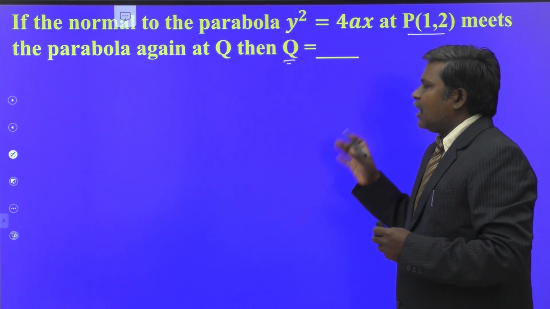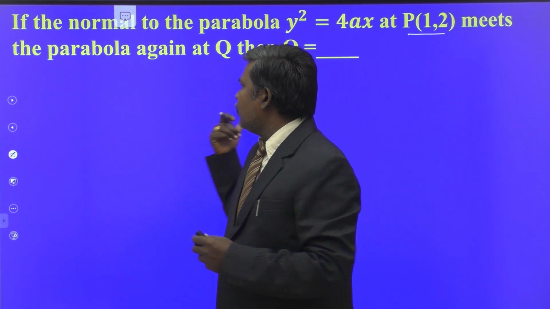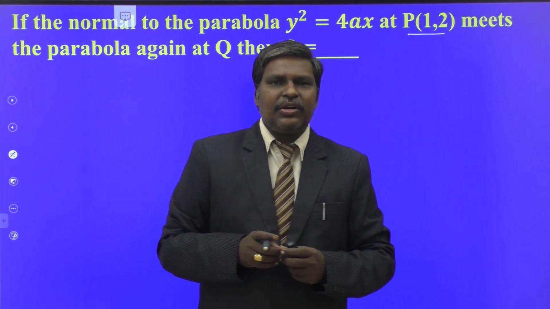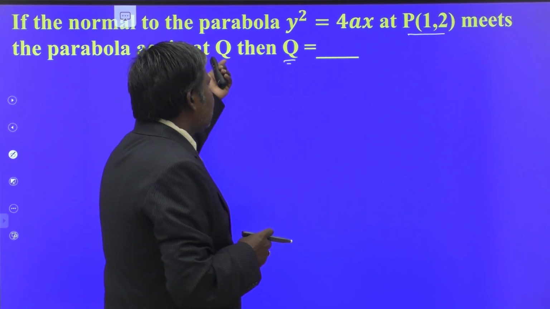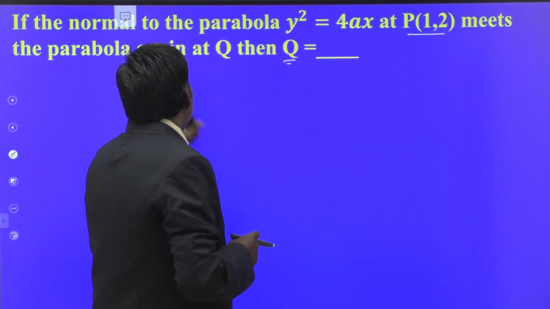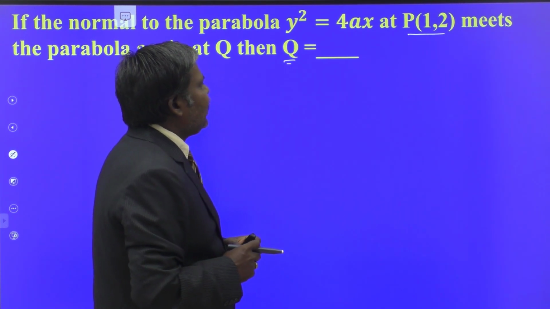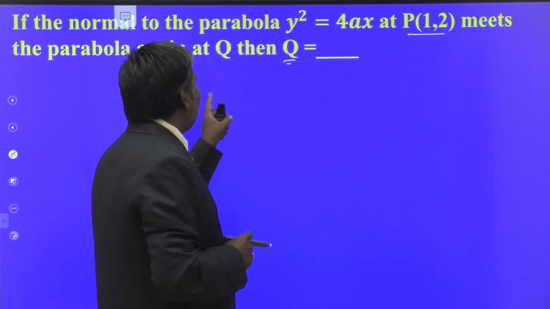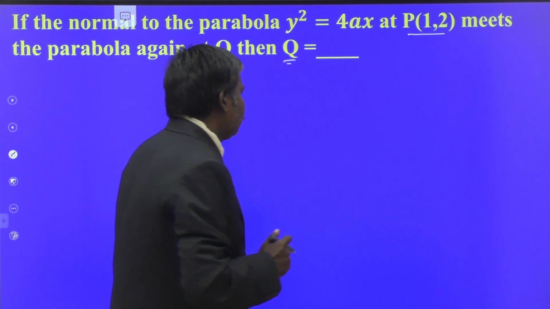Up to now we discussed the concepts related to the normal. Now, let us do the problems related to the concepts which are related to normals. This is the problem.